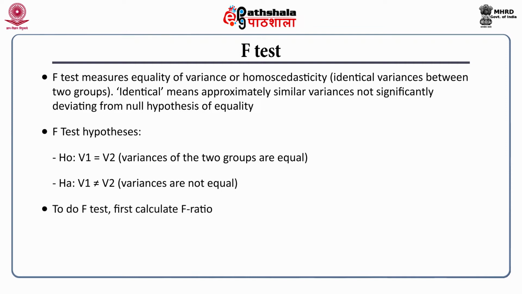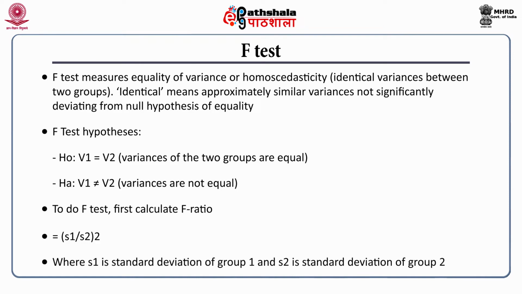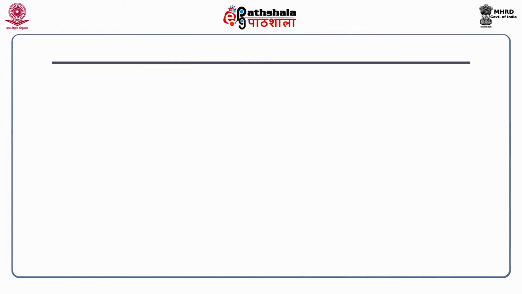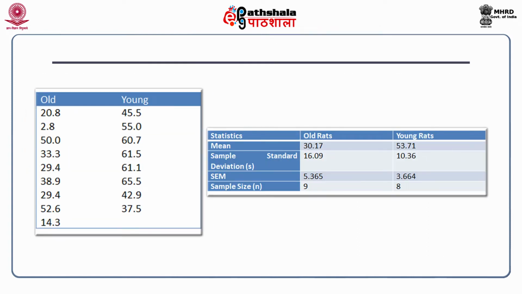To do the F-test, first we have to calculate the F ratio, which is the standard deviation of group 1 divided by the standard deviation of group 2, squared, where S1 is the standard deviation of group 1 and S2 is the standard deviation of group 2. In this example, we are comparing old and young rats for a certain measurement. You can see that the group on the left side is old, while the column on the right side is the young rats.